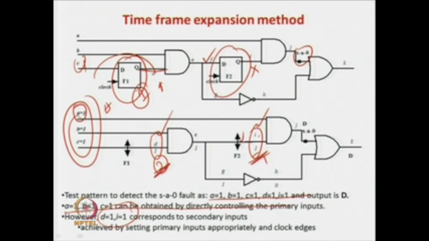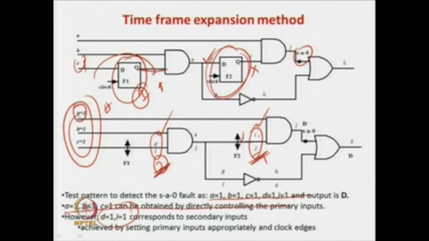Now, you can consider the flip flops in sequential depth 2. We know that after 1 clock pulse and 1 pattern all the flops having sequential depth 1 have been set. Now, flip flops with sequential depth 2 are dependent on what? Primary inputs and outputs of flip flops which are sequential depth 1.